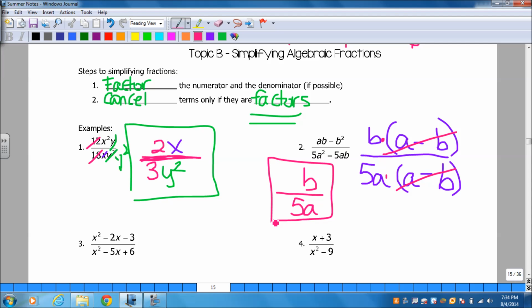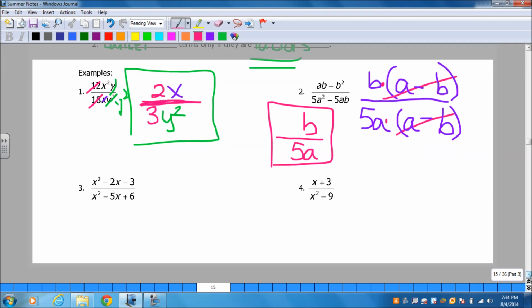Okay. So I'm going to have you look at question number 3 with me. In number 3, I'm going to see if I can do any factoring at all. So in the numerator, I'm going to ask myself, is there a GCF? Is there anything in common with the x squared, the 2x, the negative 2x, and the negative 3? There isn't. So then the next question I'm going to ask myself is, is it a difference of perfect squares?